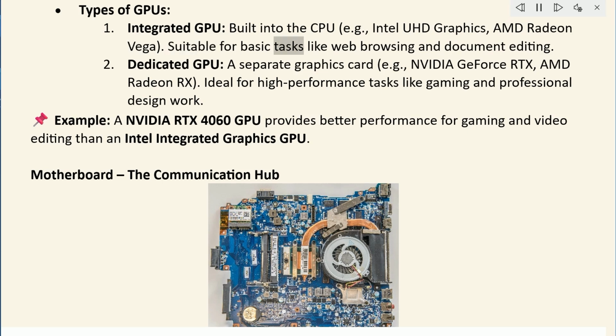Suitable for basic tasks like web browsing and document editing. Dedicated GPU, a separate graphics card, e.g., NVIDIA GeForce RTX, AMD Radeon RX. Ideal for high-performance tasks like gaming and professional design work. Example: an NVIDIA RTX 4060 GPU provides better performance for gaming and video editing than an Intel integrated graphics GPU.